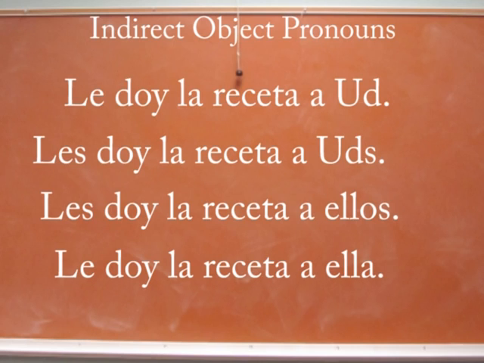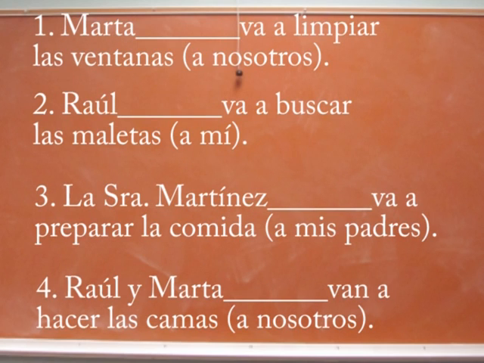Now you try. Clarity and emphasis is supplied for you in parentheses. You supply the indirect object pronoun. Marta va a limpiar las ventanas. Nos. Raúl va a buscar las maletas.